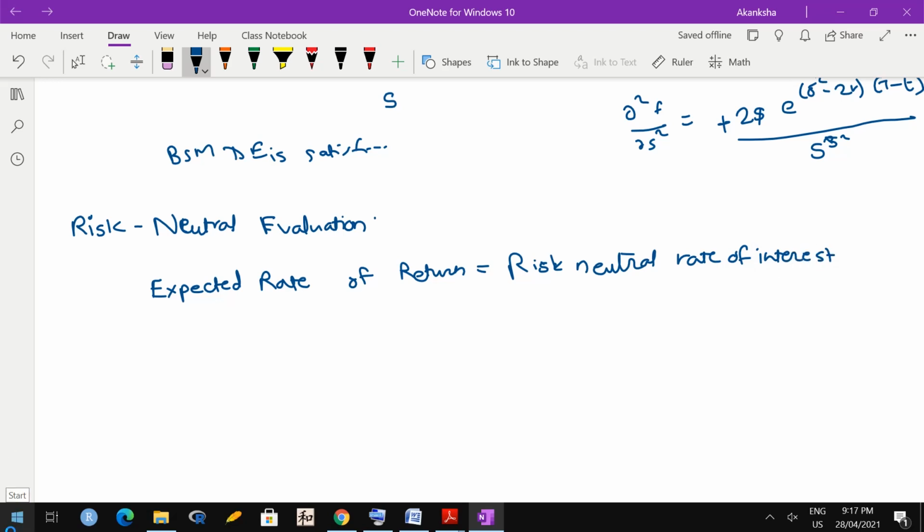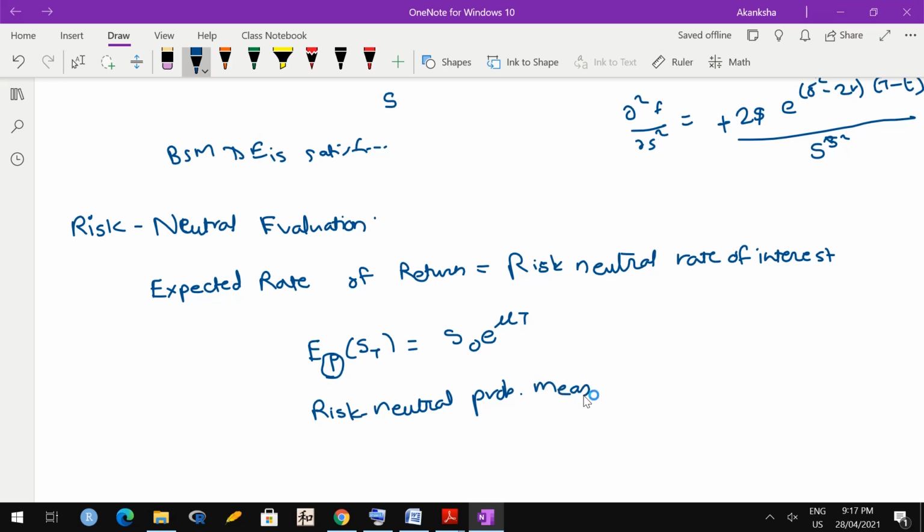We did this in a binomial tree model also. So for example, we know that the expectation of ST is S naught e raised to mu T under its own probability measure. However, under the risk neutral probability measure, this mu has to be replaced by the risk-free rate of interest.